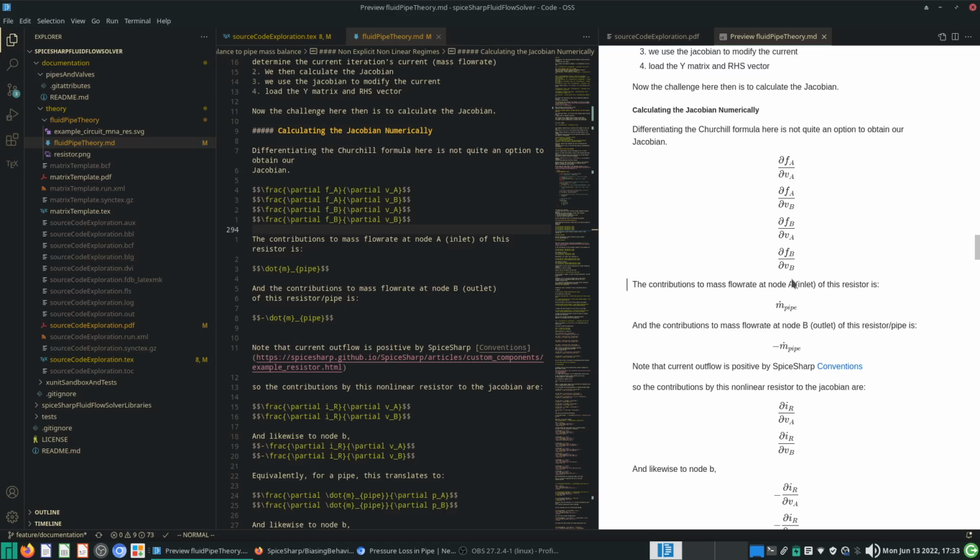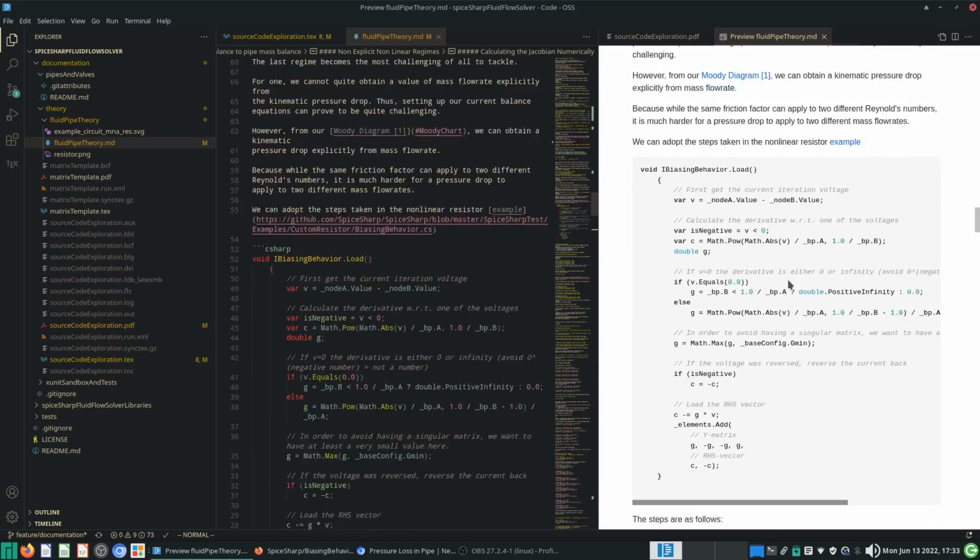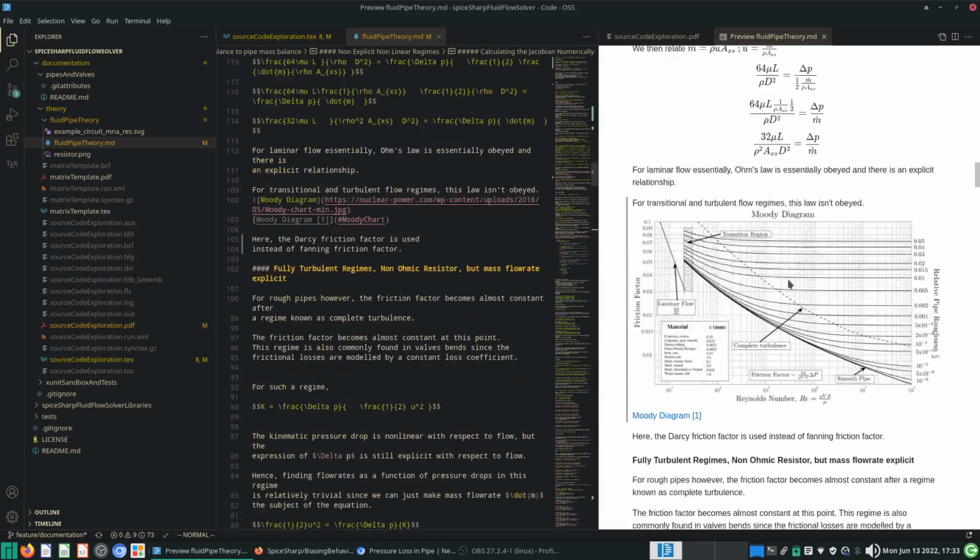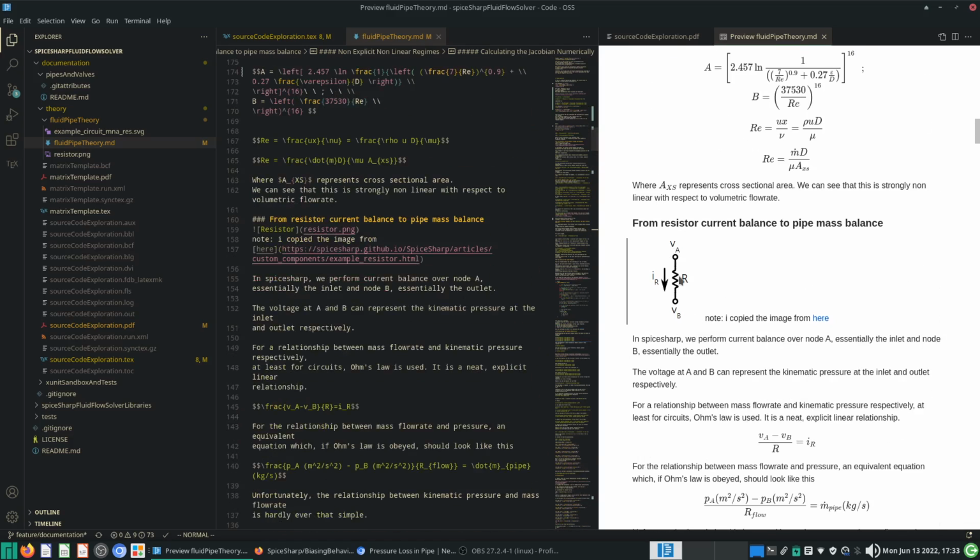They are merely the contribution of the resistor, the current flowing through the resistor. This resistor right here has nodes A and B, and it looks like A is the inlet, B is the outlet.